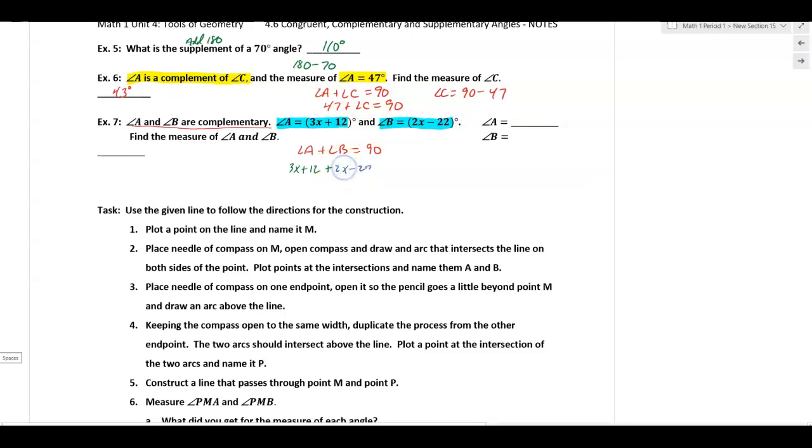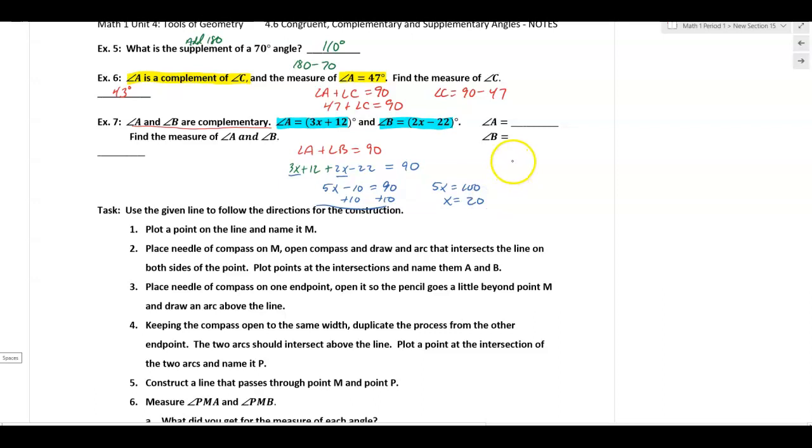So 3x plus 12 plus 2x minus 22 adds up to 90. So 3x plus 2x is 5x. 12 minus 22 is minus 10, equals 90. I'm going to go ahead and add the 10. 5x equals 100. x is equal to 20.